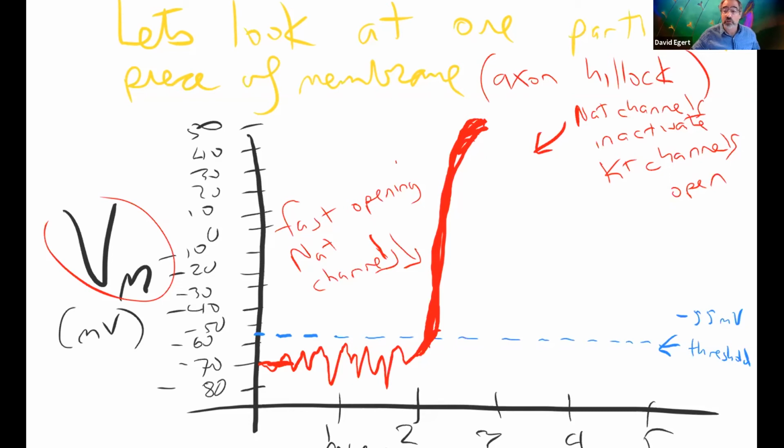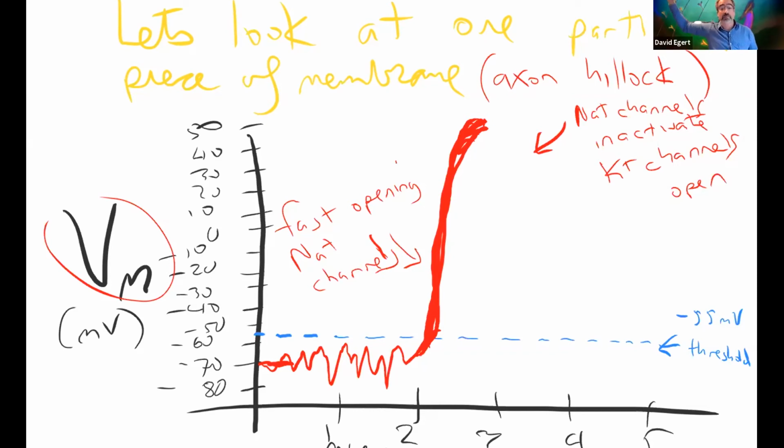What is the voltage going to do now if we have mainly potassium conductance? It goes down. Remember from last class, if a cell is just permeable to potassium, you go down to minus 90 millivolts because you've got a much higher concentration outside than inside.